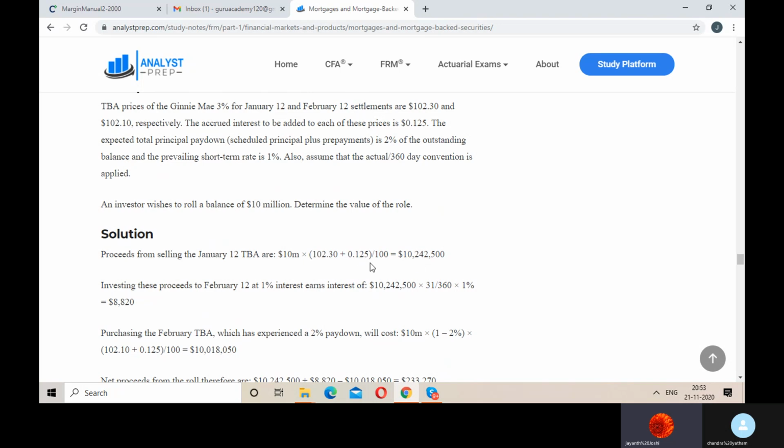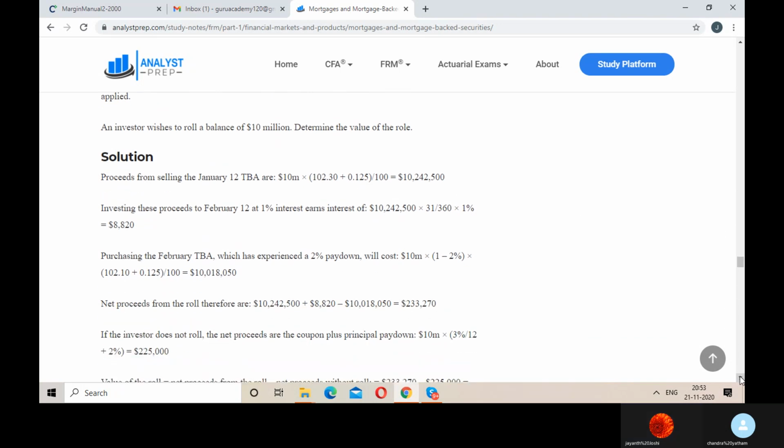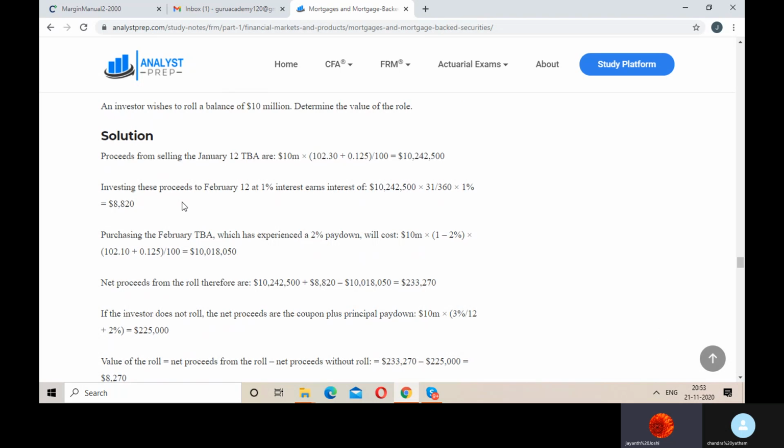Now he has sold this, Chandra, and got the money. Then again he will repurchase afterwards. So he sold it and got this money, and this he is investing to February 12 at 1% interest.